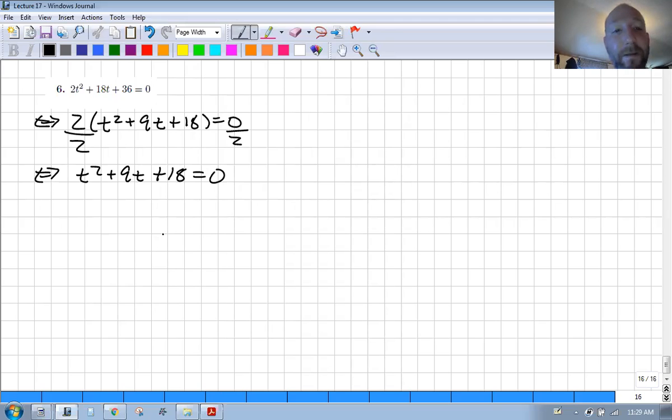All right, so this one, we should be able to eyeball it. We need a t and a t. They're both positive, so a plus and a plus. Two numbers that multiply to 18, but add to give us 9. 6 and 3.